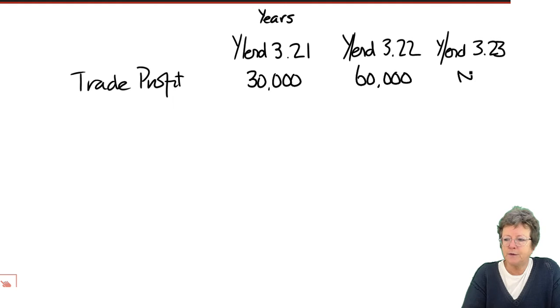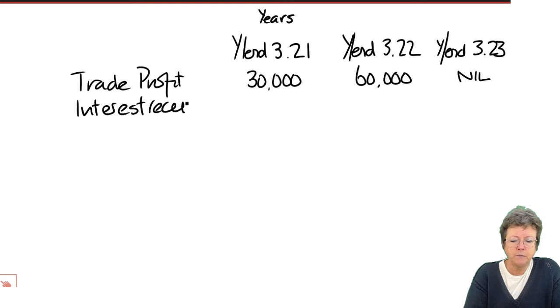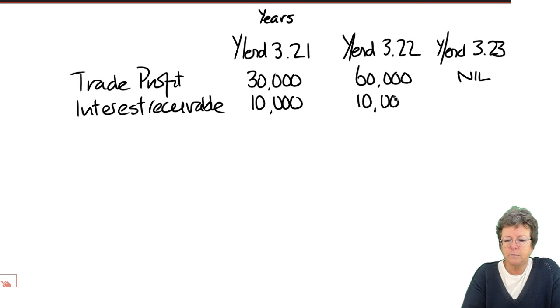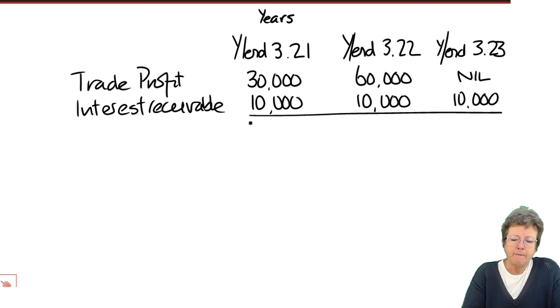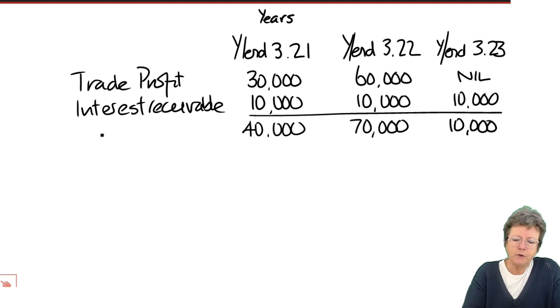This always says nil. And we have interest receivable, and that was 10,000 for each one. Subtotal it. So those are our total profits.